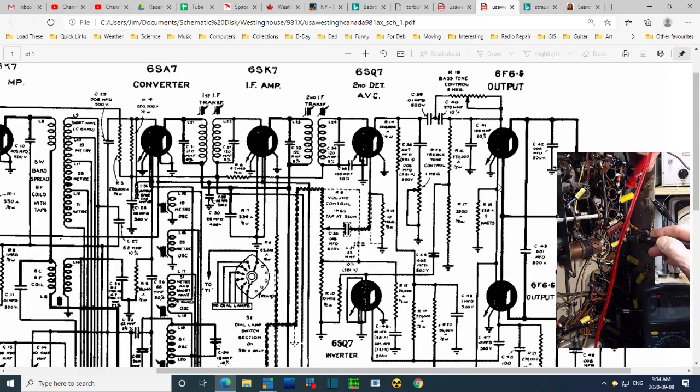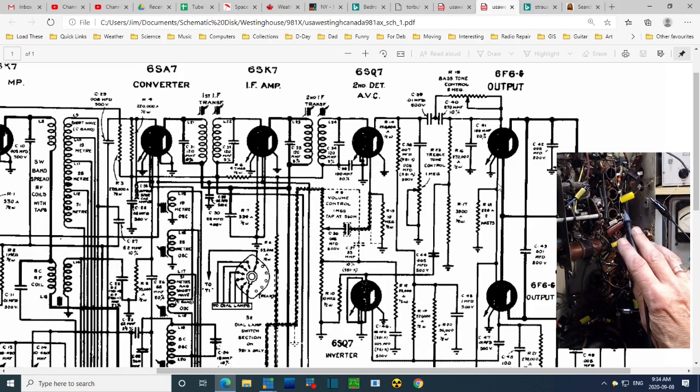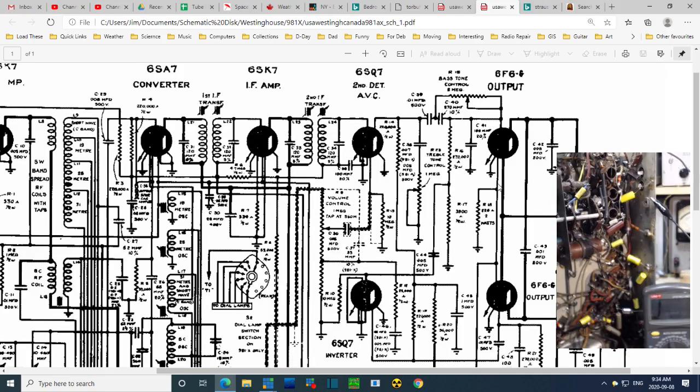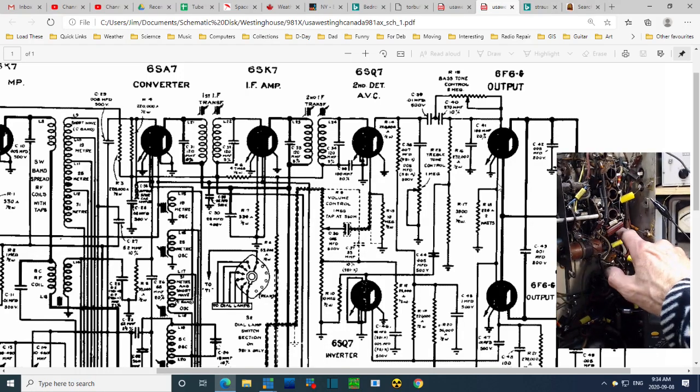More than 20,000. That doesn't sound particularly good. This is also a big one. It's tied to one of the terminals of the IF transformer here. A big wattage resistor on the first IF. What's going on here? Looks like it's going to a terminal of this too.